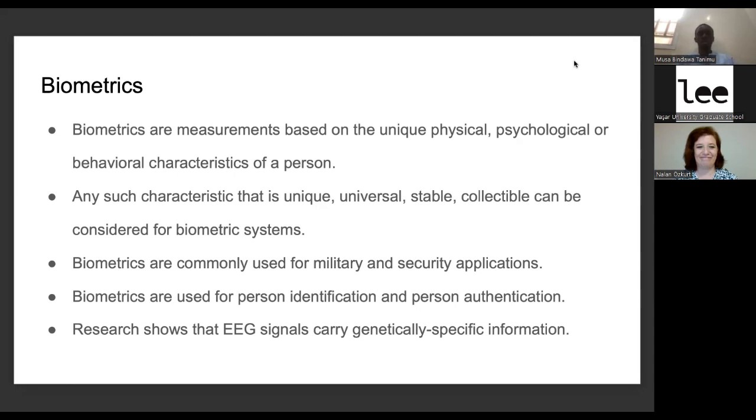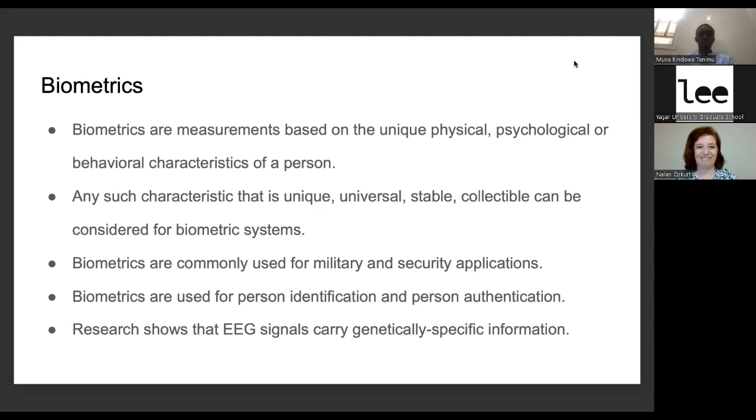By universal, we mean that the biometric is generally available in every person all around the world. By stable, we mean that if we collect the biometric data over a long period of time, it does not change in a noticeable way. And by collectible, we mean that this biometric is easy to acquire and store.